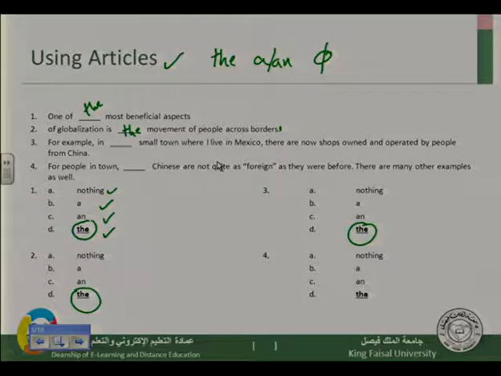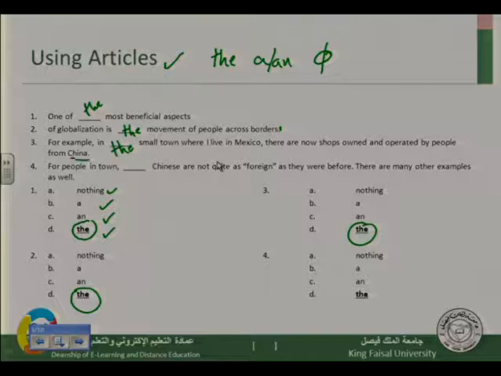No, that's not right. You can't say, I don't know where I live, and you know the city where you live. It's just confusing. And that means you actually know where you live in Mexico, so it's definite. So you use the definite article, the, as well, right? And the sentence continues, and you say, there are now shops owned and operated by people from China.